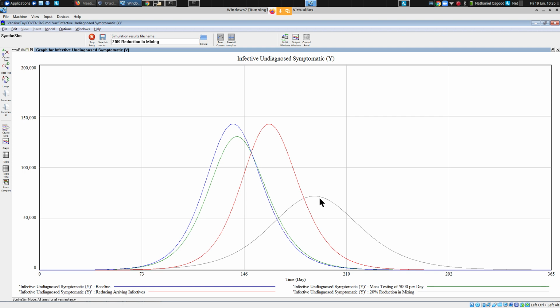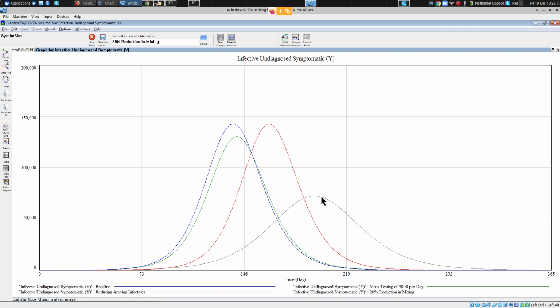A drastic reduction. Yeah, it reduced the curve. It reduced the size of the peak. The maximum number of people who are symptomatic at any one time has gone down from something approaching probably around 140,000 to something closer to 75,000. That's a big change.